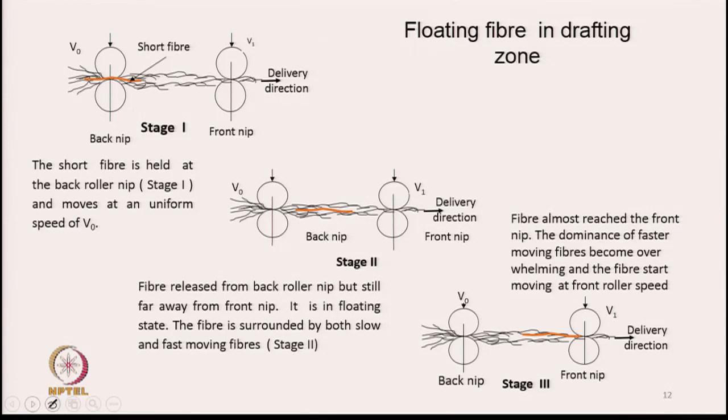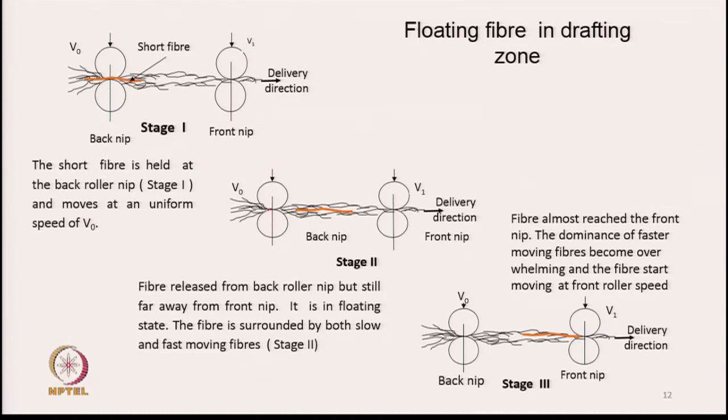Now, this diagram gives a visual statement of whatever I have stated, and we see that the orange color fiber is a shorter fiber. It is surrounded by many other fibers and passing through the drafting zone. So, at the beginning, the short fiber is gripped by the back roller and therefore moves at a uniform speed of V 0 till the back end of the fiber is released from the back roller nip.